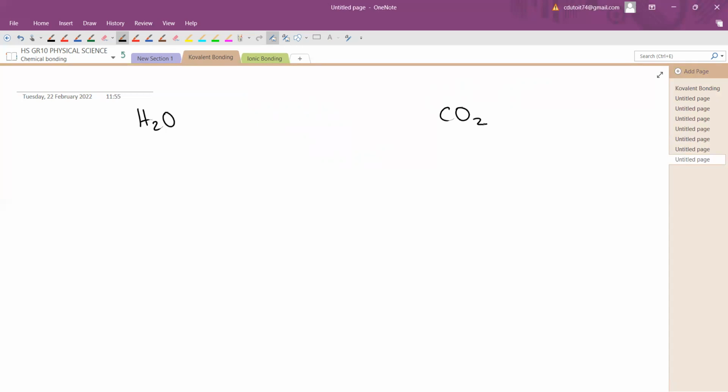Can you answer that? Well, the first one will be a Lewis diagram with 3 steps. Where's your metal? No, there's no metal, sorry. And in CO2, there's no metal either. So it'll only be a Lewis structure, only the covalent Lewis structure.